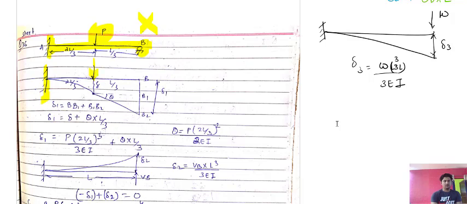Similarly, as in the previous numerical, you will calculate the value of delta 1. Delta 1 will be bb1 plus b1b2, and the delta value is equal to the deflection due to this point load, that is the standard result PL cube upon 3EI. Similarly, put the value of length and point load there, and you will get the result.